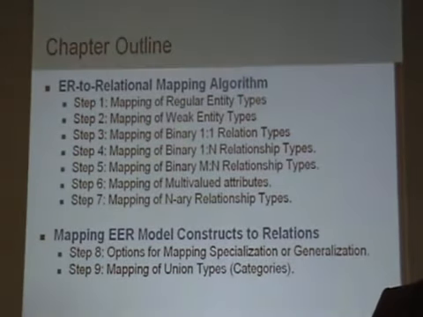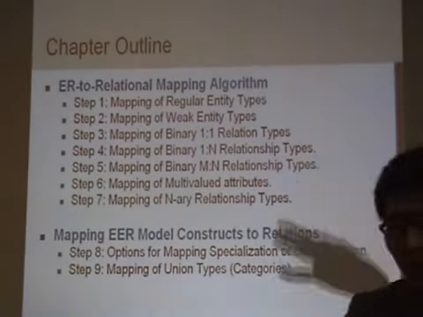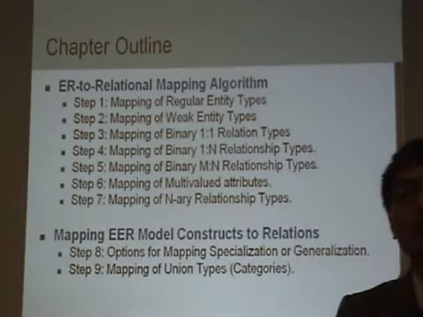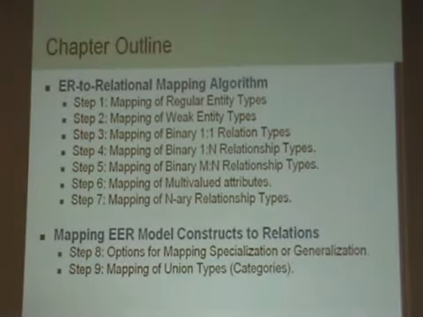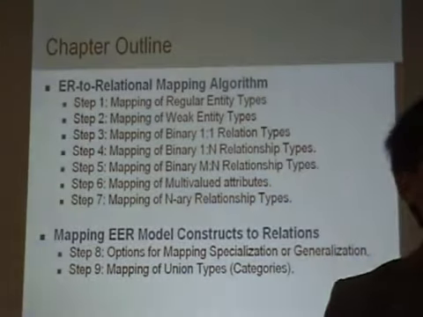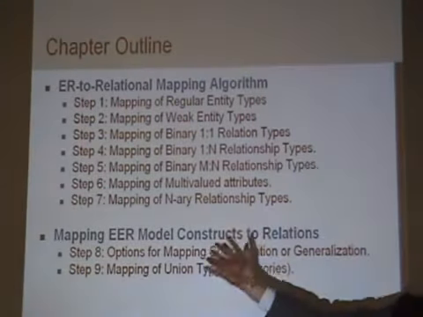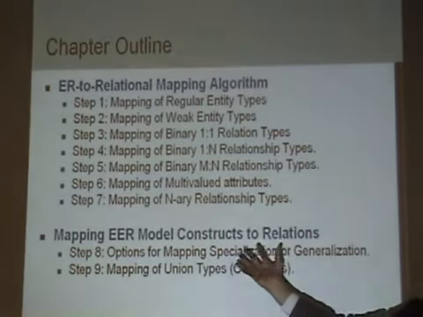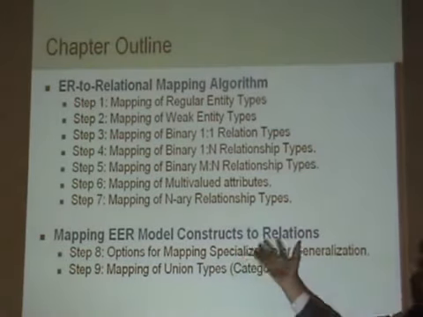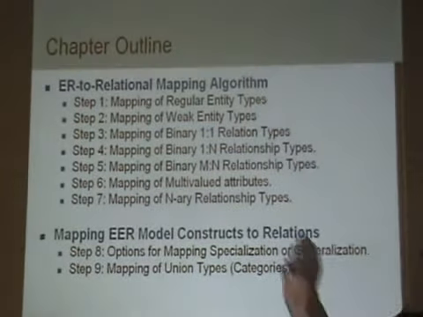In other words, it cannot solve very complicated relationships. Actually, in our real life, there are many complicated relationships. However, the relational database model cannot take care of such complicated ones. So we need to use an alternative way to do that.